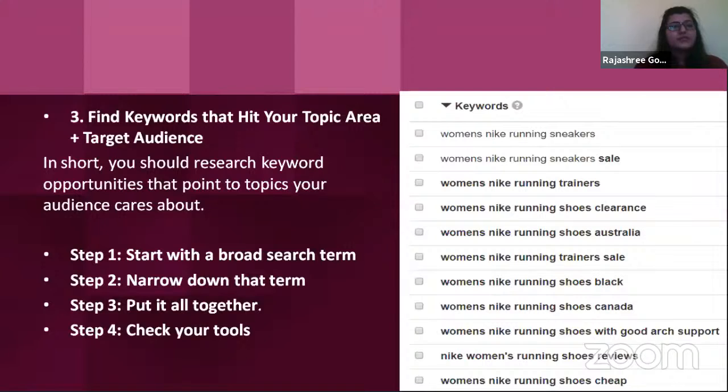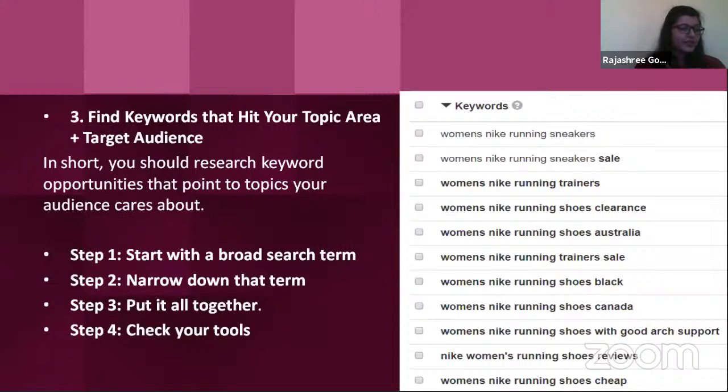The next one is to find keywords that hit your topic area plus your target audience. In short, you have probably understood your expertise now, or the content core you have already decided, and then you need to bring in the targeting. You can combine this knowledge into super effective keyword research. Here you can start with a broad search term that falls under your industry expertise.